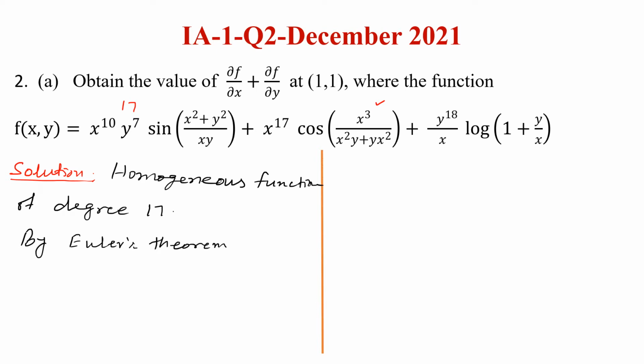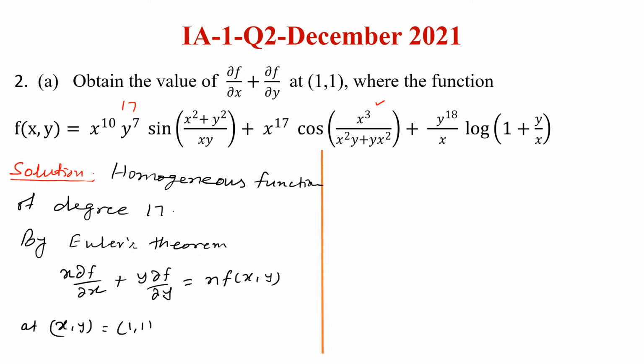By applying this, what we know is x del f upon del x plus y del f upon del y is equal to n times f of (x, y). So at (x, y) equal to (1, 1), what can we apply here?